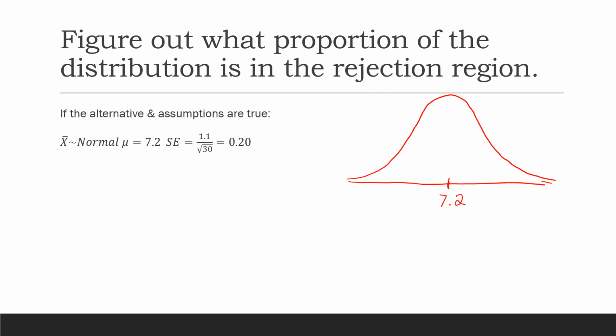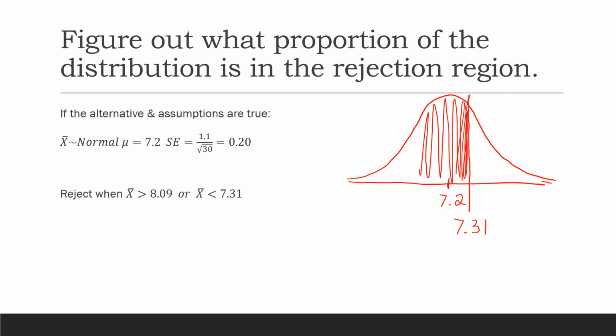I want to figure out what's the chance that I'm going to be at 7.31 or below, because I'd be rejecting there, or at 8.09 or higher. Remember, those are my rejection regions. So these two pieces together are going to give me my power.